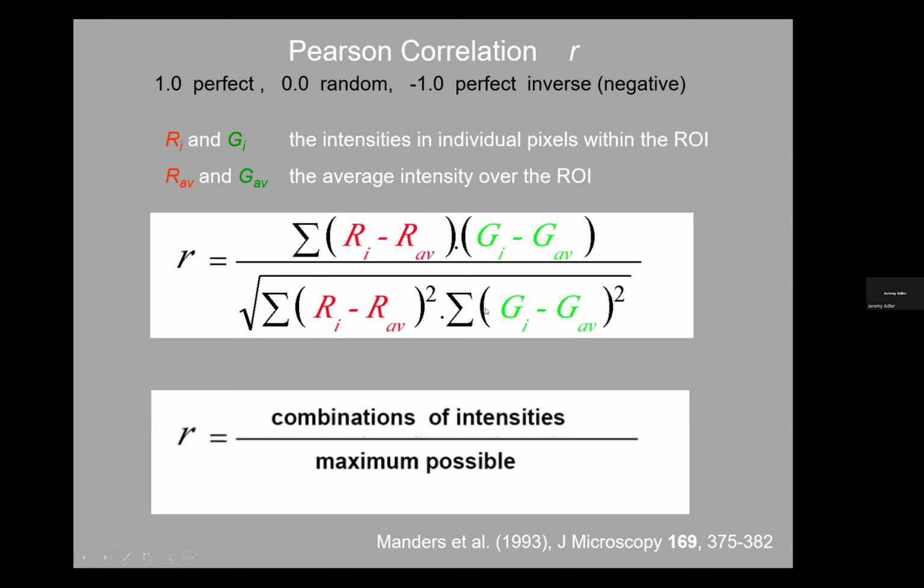The bottom part of the equation calculates what the greatest value could be if the two were perfectly correlated. So the bottom here is simply to create the range from -1 to +1.